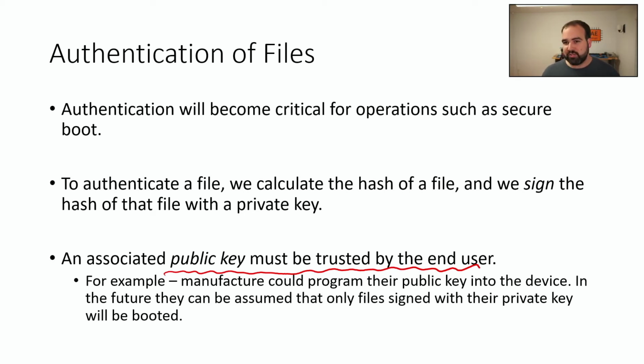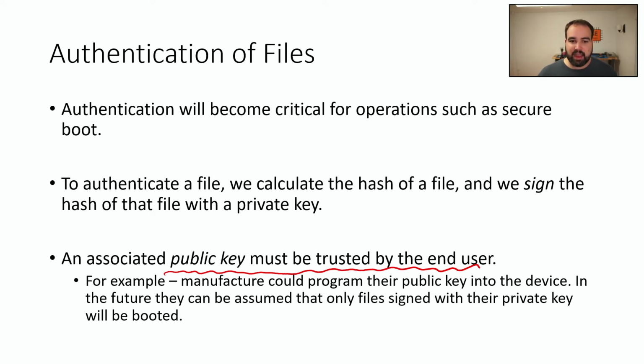So there's a whole other question of how you get that key there, of course. But for a lot of IoT or small devices, we could consider the use case that it's actually just programmed into the device. So what we're going to see is lots of examples where the public key that's going to be trusted for some time is permanently in the device, or initially in the device at least.